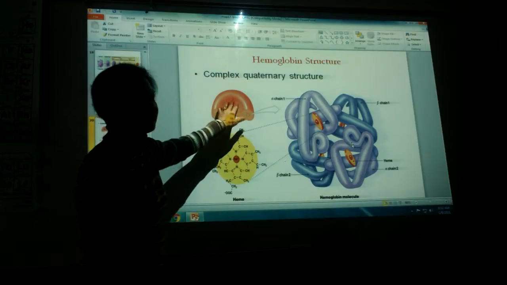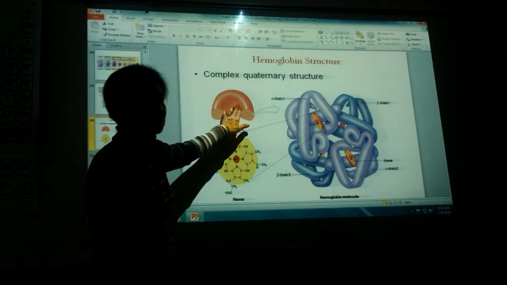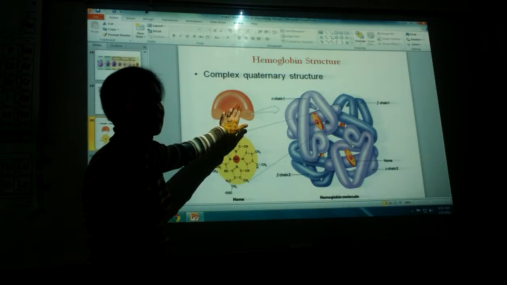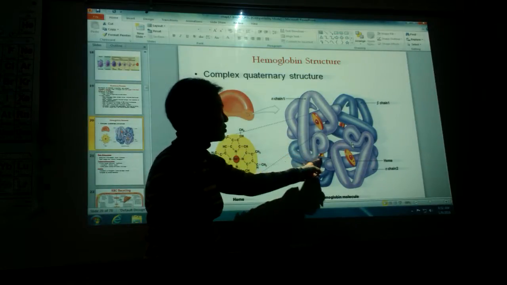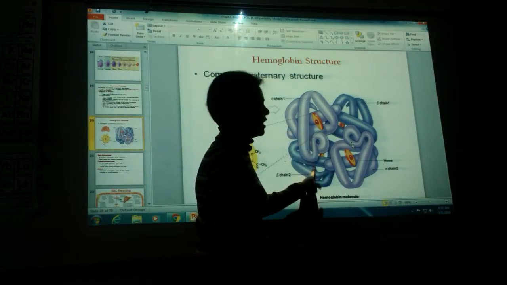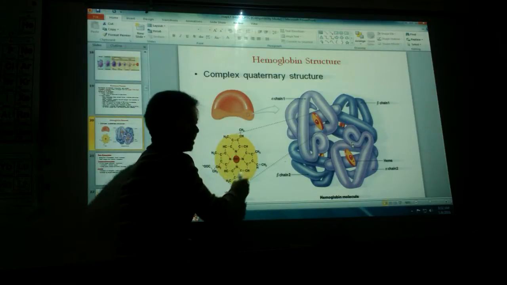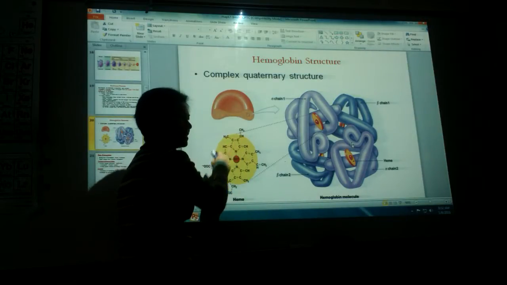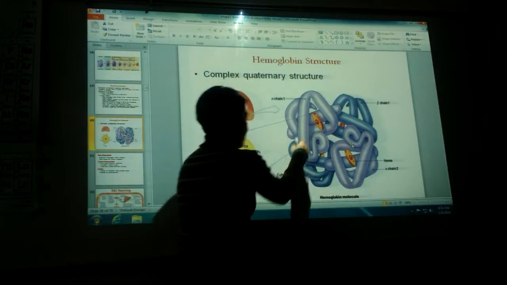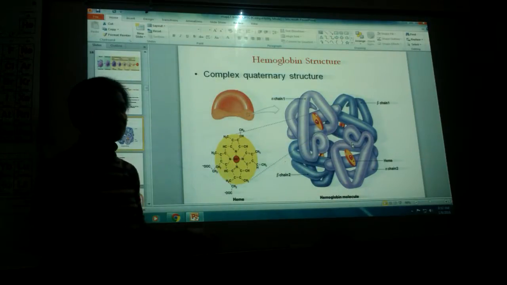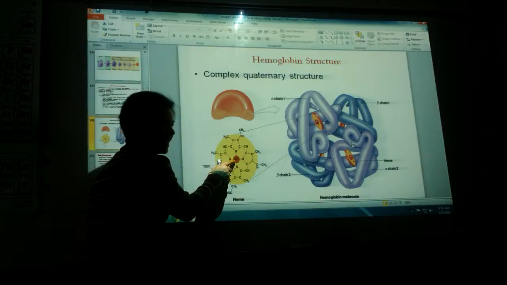They say each and every red blood cell has about 250 million hemoglobin molecules. And each hemoglobin, look at this picture. There's a central area called the heme pigment. This is the pigment part. And this is the globin molecule, the protein part. And I want you to look at this part right here: iron.